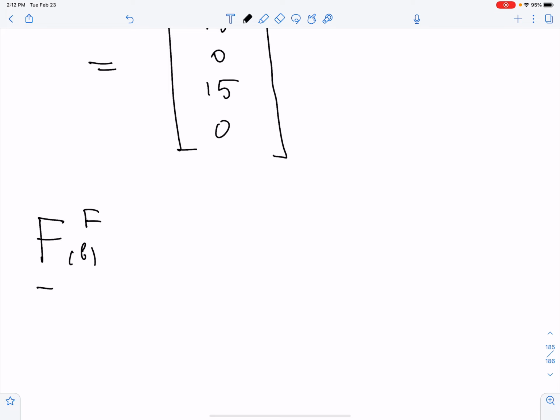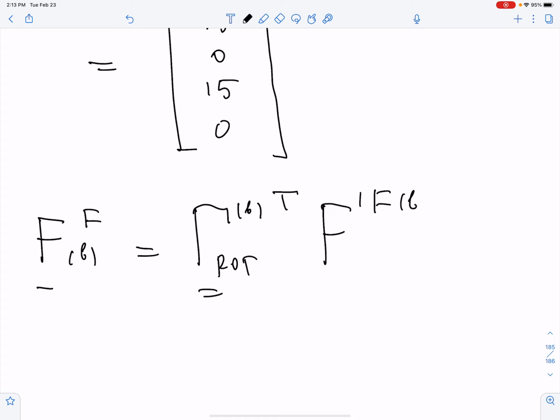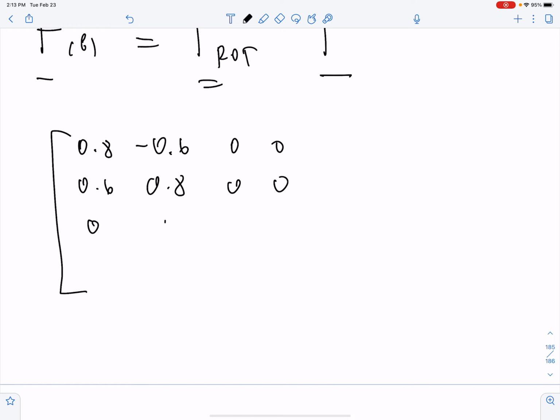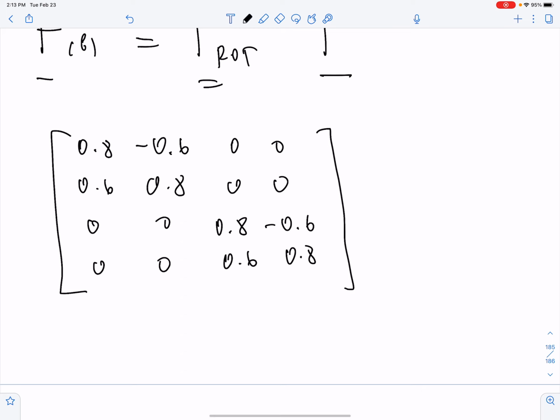We do the rotation to the global coordinate system. F F for element B becomes the rotation matrix for element B transpose times F prime F for element B. If you recall the rotation matrix we computed before, you get 0.8, minus 0.6, 0.6, 0.8, 0, 0, 0, 0, 0, 0, 0, 0, 0.8, minus 0.6, 0.6, 0.8, times 15, 0, 15, 0.